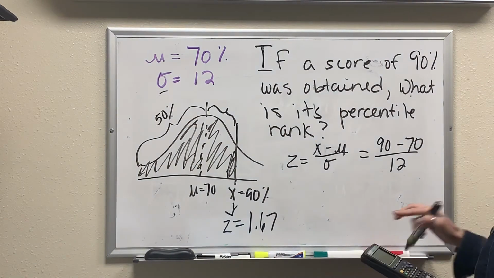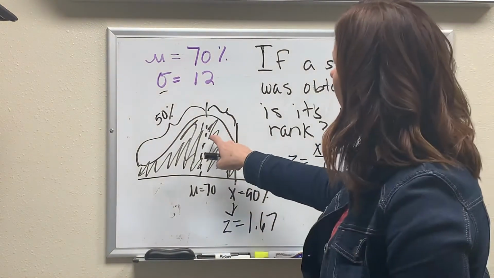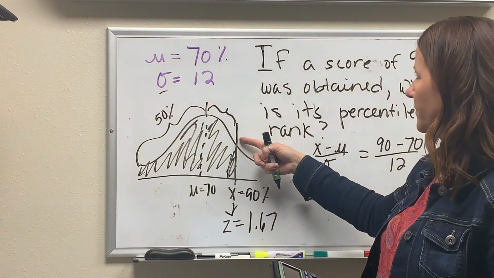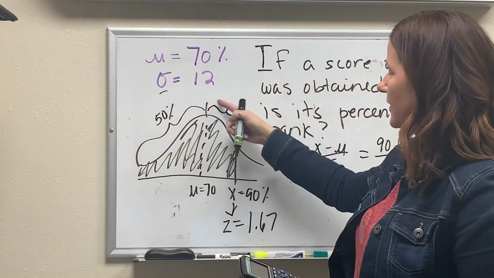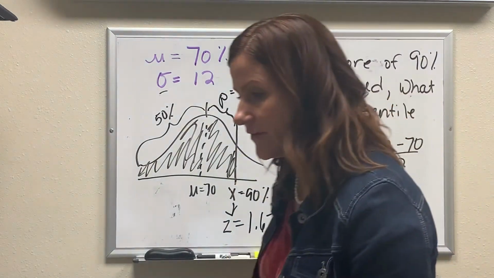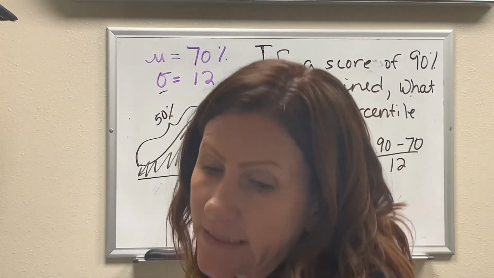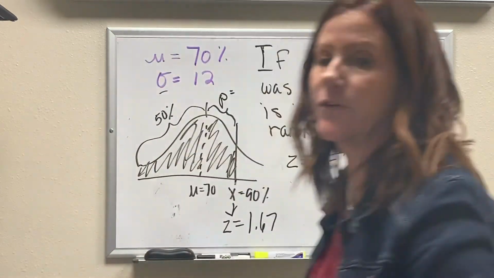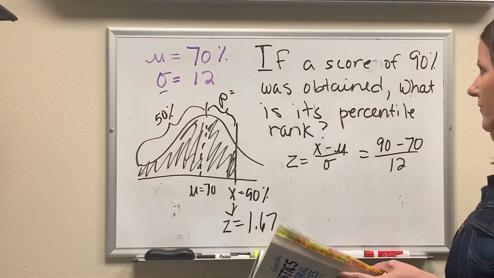Now, what we could do is find this from the mean to z here, which is kind of this chunk, just this proportion. That is specifically going to be in your column B of your unit normal table, in that proportion.